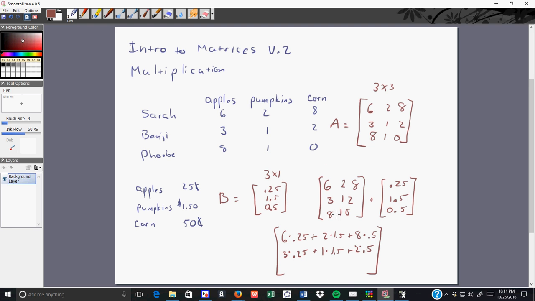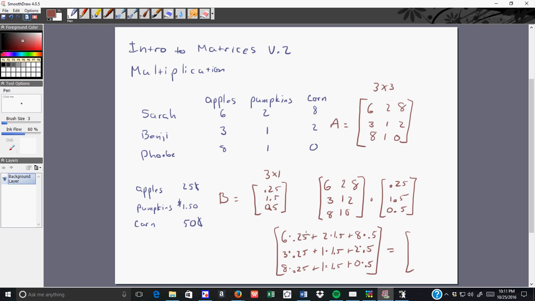And then my last row is going to be 8 times 0.25, plus 1 times 1.5, plus 0 times 0.5, which gives me my new value.